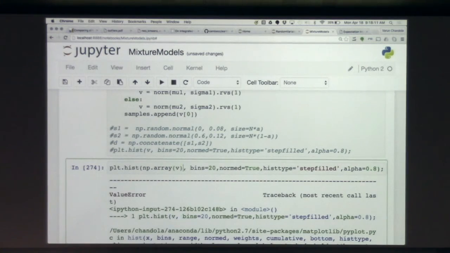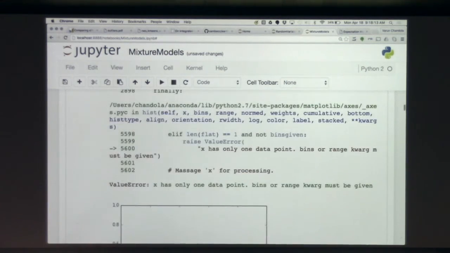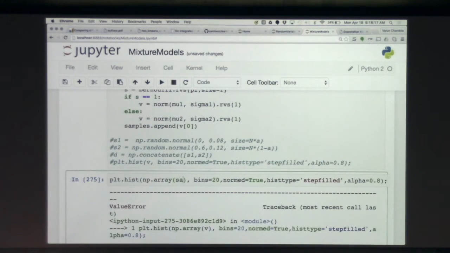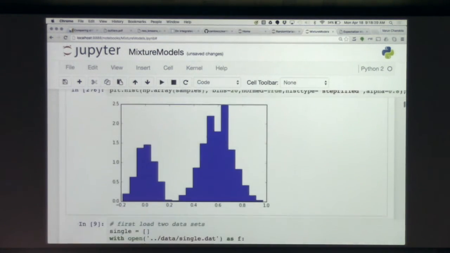Change it to an array on samples. You're right. Okay, so this is how the empirical distribution looks like.